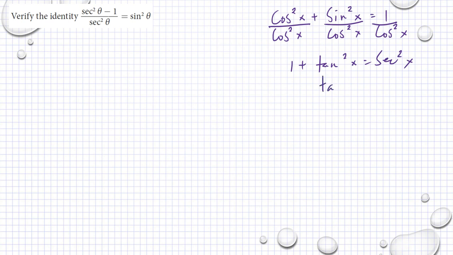So tangent squared x is equal to secant squared x minus 1. So this is tangent squared x divided by secant squared x. Oh, theta, sorry.